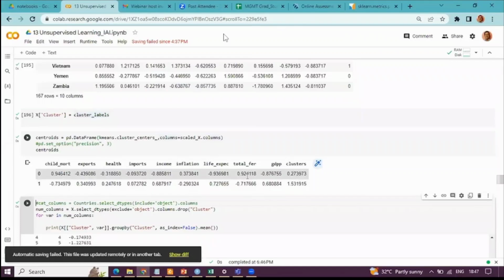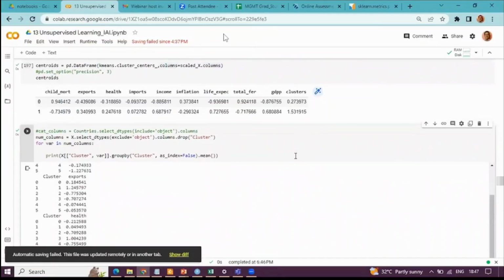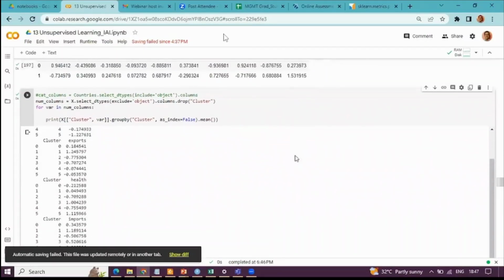GDPP is very highly different. So we could see that some of the factors are very significantly different across the two clusters that we have formed.